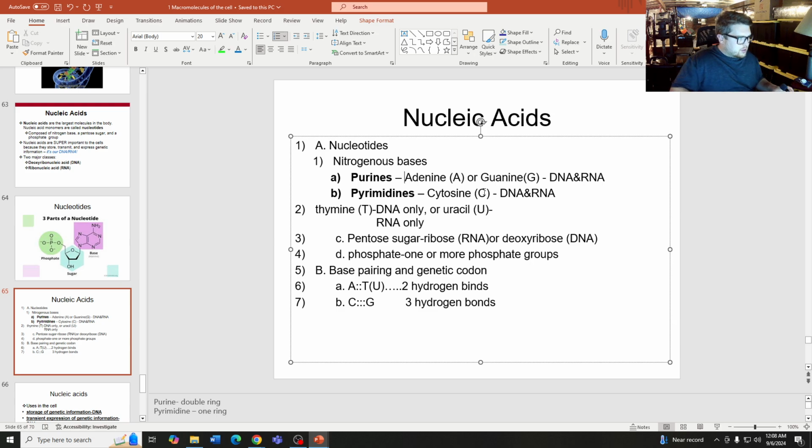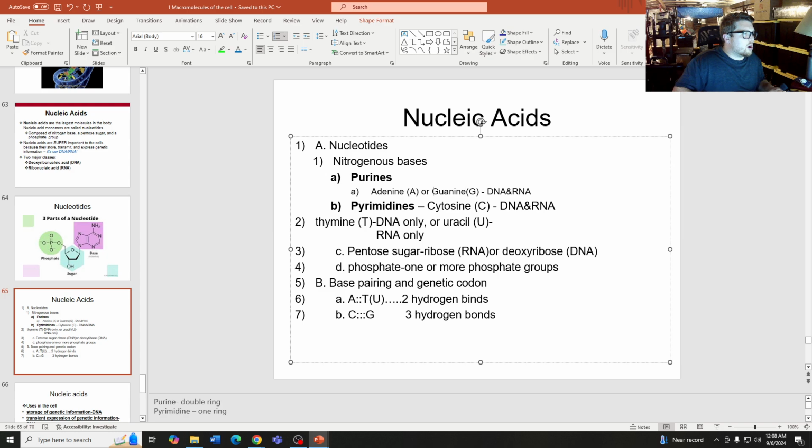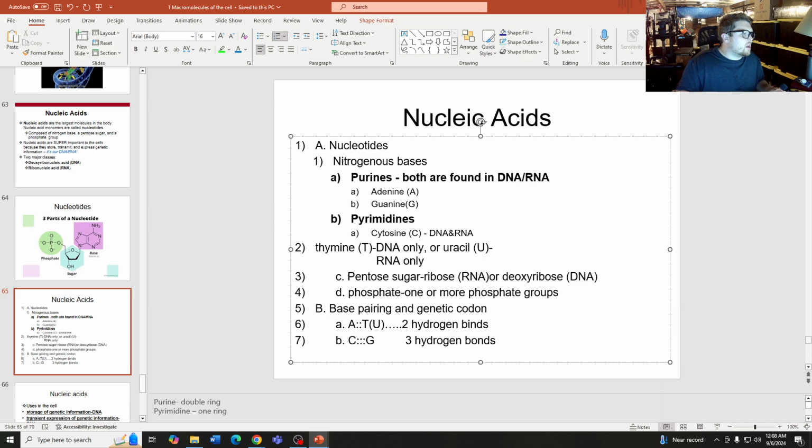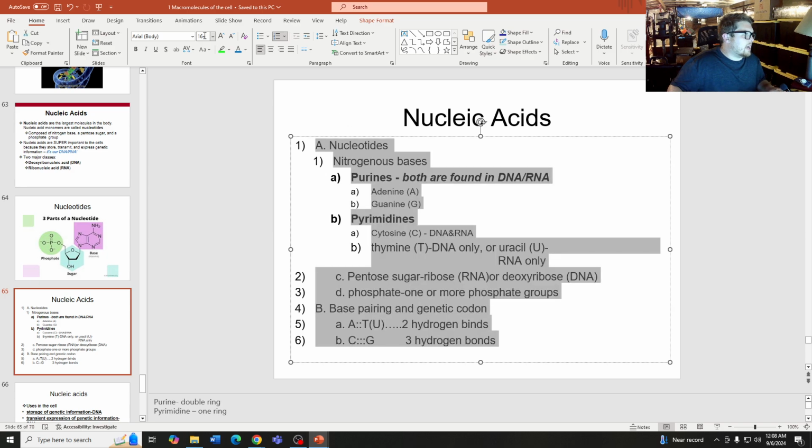Okay, so we have our purines. Both are found in DNA and RNA. The purines are our adenine and our guanine. Both of those are found in the DNA, so that's the deoxyribonucleic acid, right?